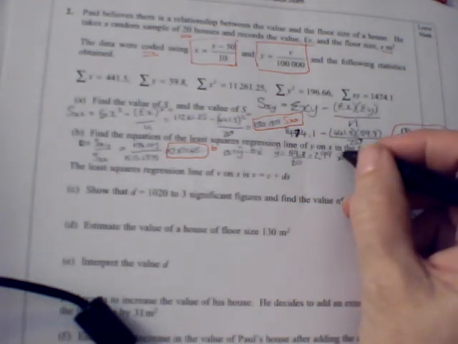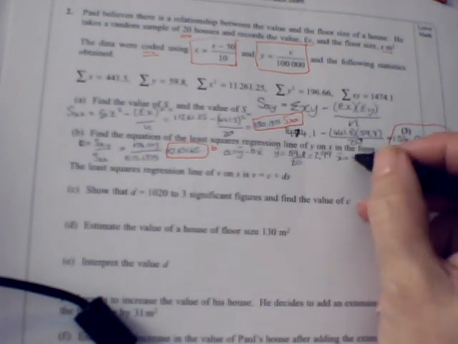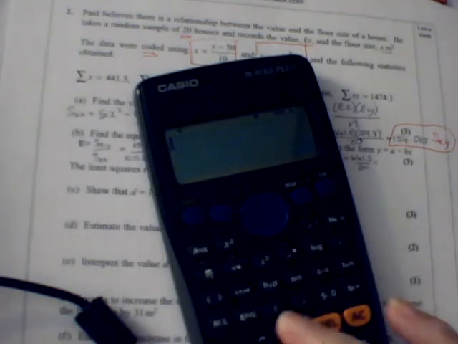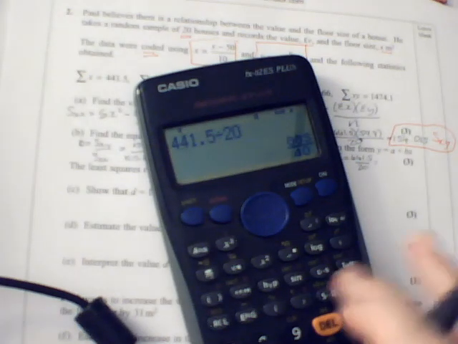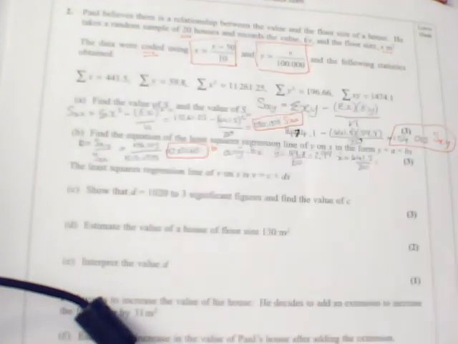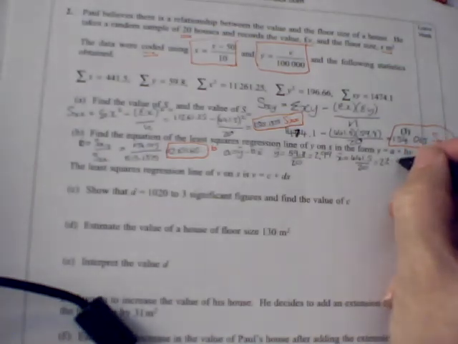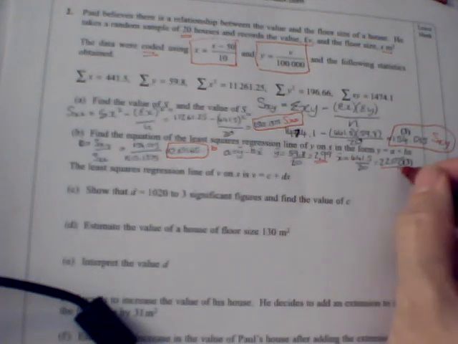And x bar equals 441.5 divided by 20, which is 22.075. Right, that's my y bar, that's my x bar.